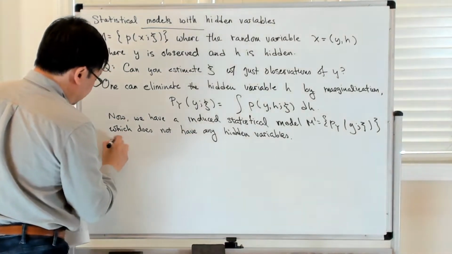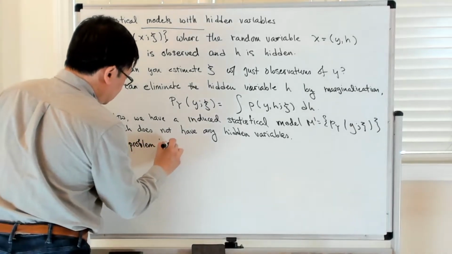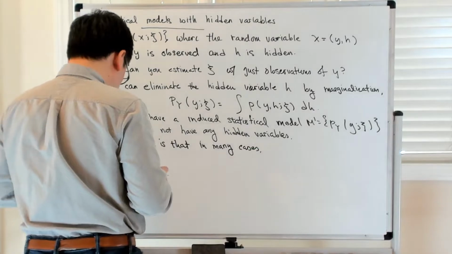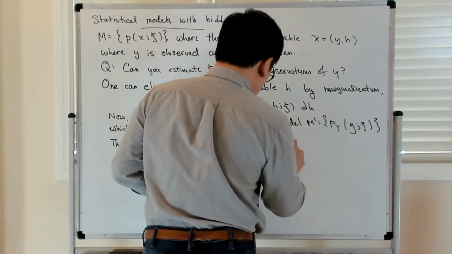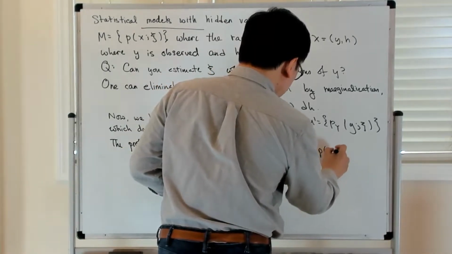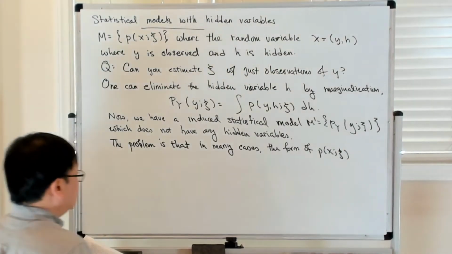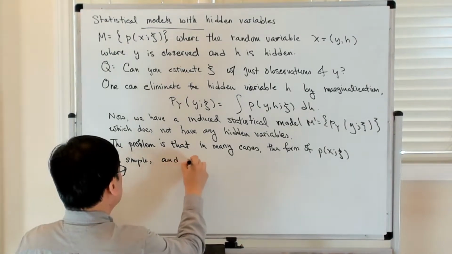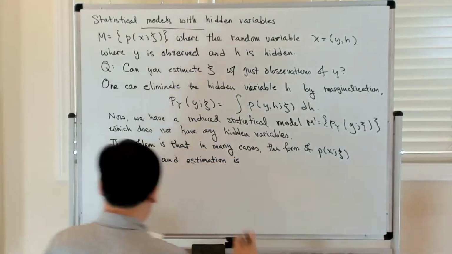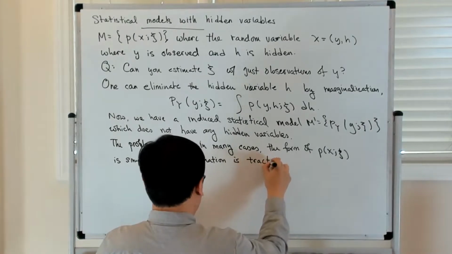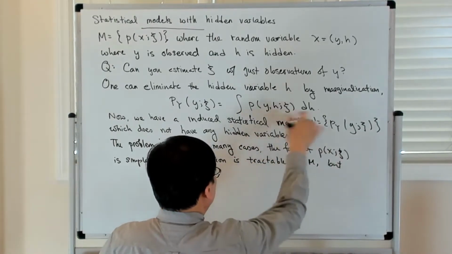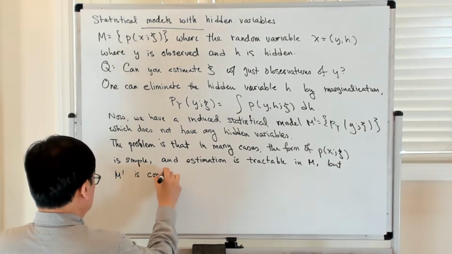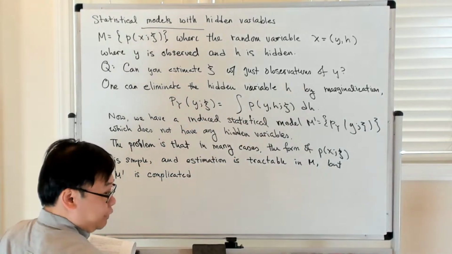So the problem is that in many cases, the form of p(x; c) is simple, and estimation is tractable in M. But when you look at the marginal distributions, the form is much more complicated, because you have to do this integral over h or a sum over h, right?